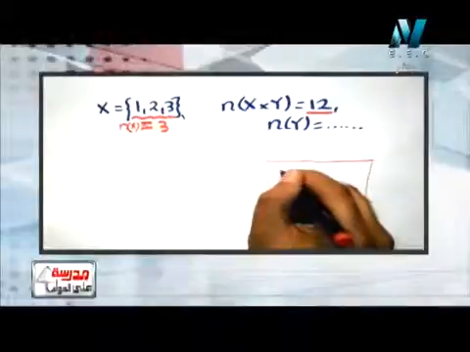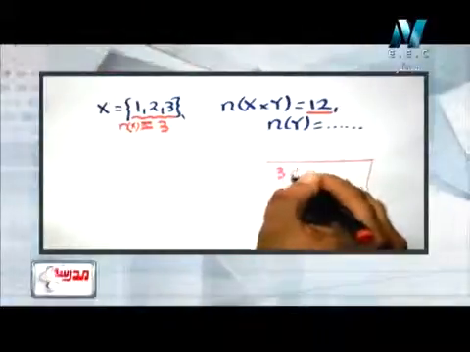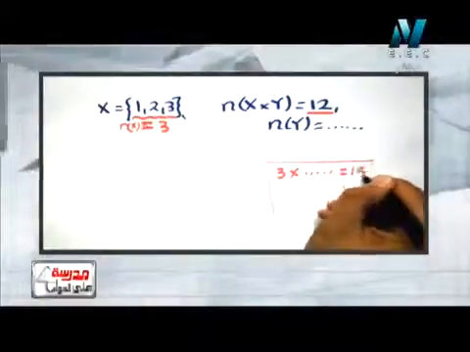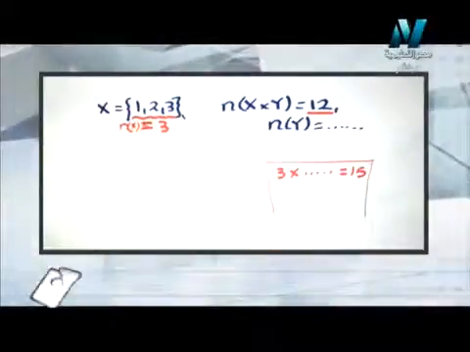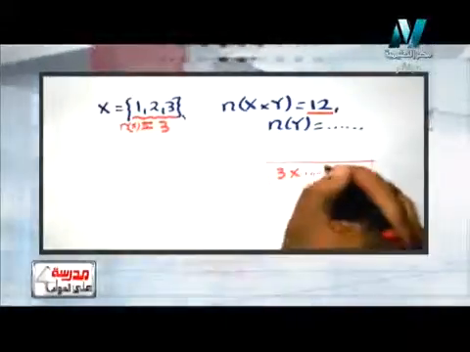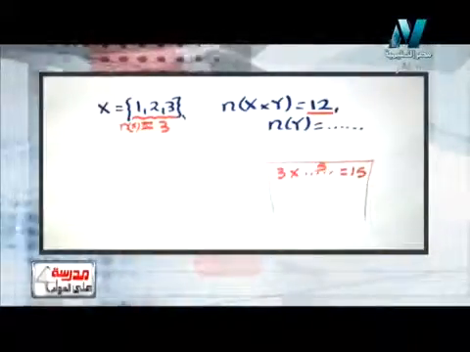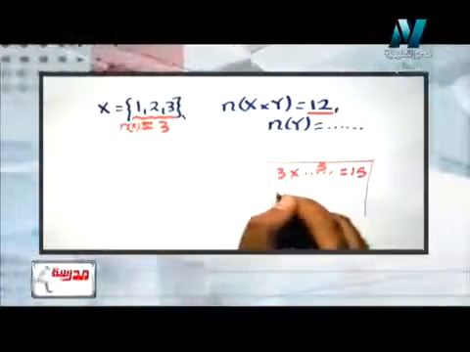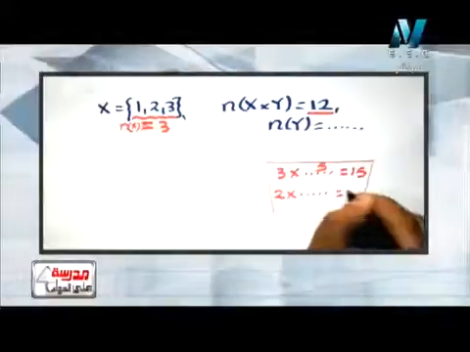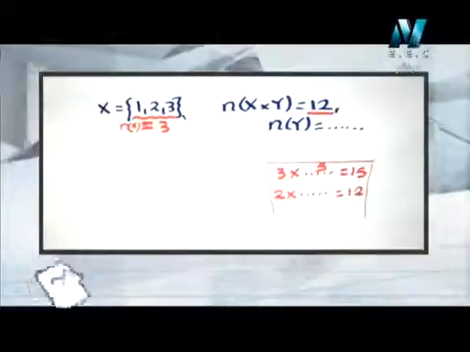If I say 3 times space equals 15, can you find the missing number? You can divide 15 divided by 3 equals 5. In the same way, if I have 2 times space equals 12, can you find the missing number?